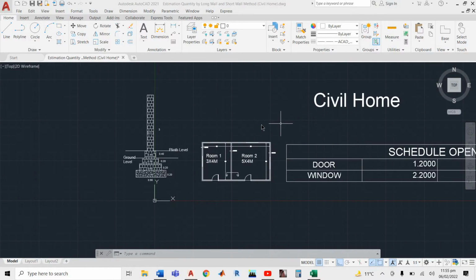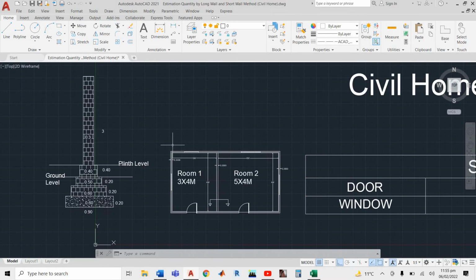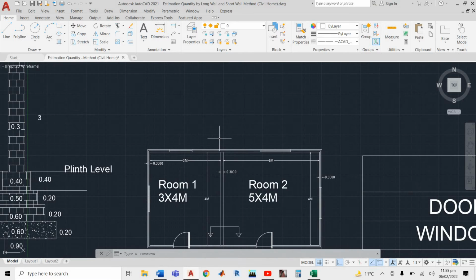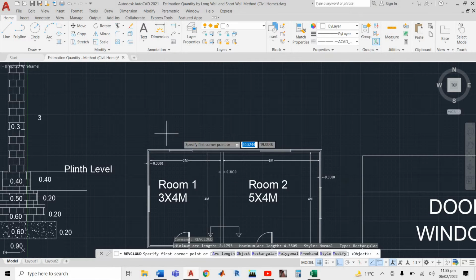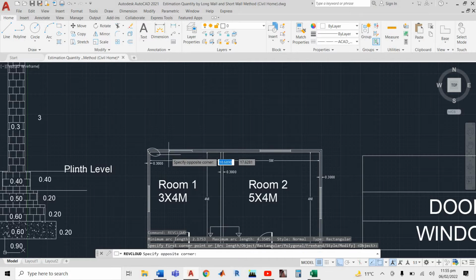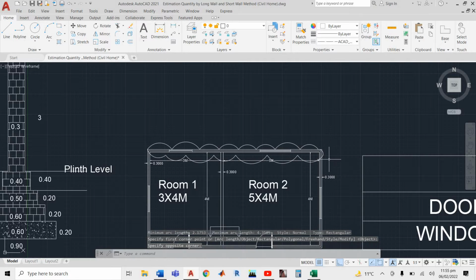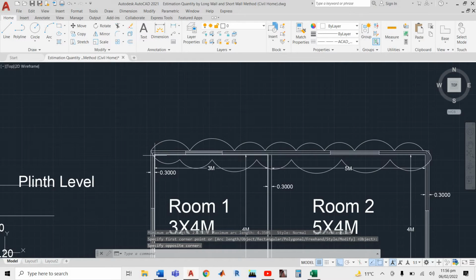So what is the procedure by the center line method? If you focus on the name of this method, finding the quantity by the center line method, it means we have to draw a center line on every outer boundary of our plan. Why? Because if you want to excavate the foundation for your plan, you can excavate like this.